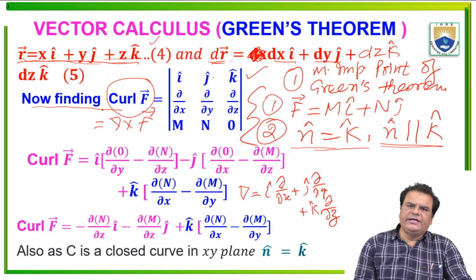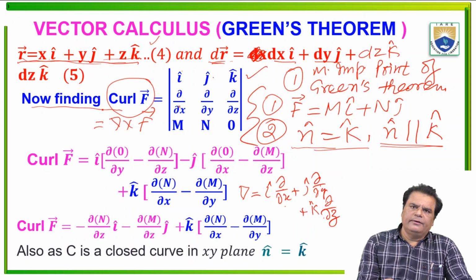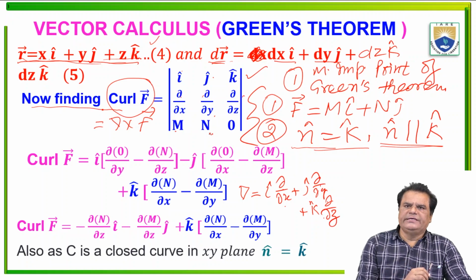So now the coefficient of i is dou over dou x, the coefficient of j is dou over dou y, the coefficient of k is dou over dou z. So put in the second row dou over dou x, dou over dou y, dou over dou z. And next is F vector. F vector is a two-dimensional vector. So the coefficient of i is m, the coefficient of j is n, and the coefficient of k is 0.